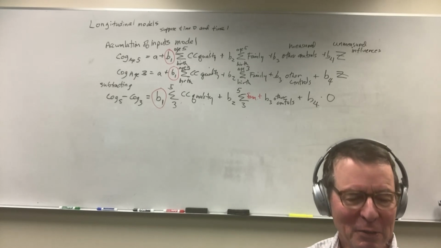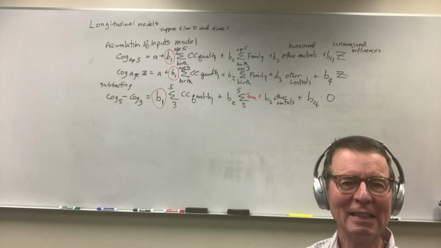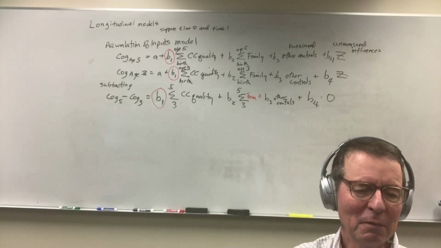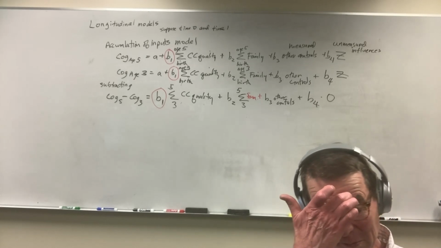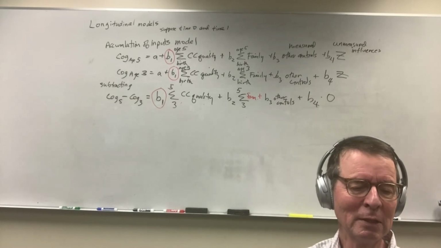And the interpretation, the B1 equaling the B1, has a ready conceptual interpretation of a 1 unit change in childcare quality being associated with 0.04 or whatever it is, standard deviation change.